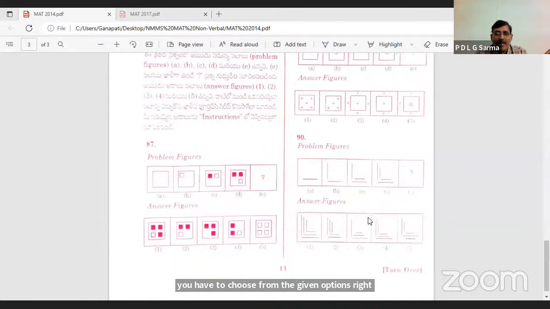Here, especially remember how the squares are moving, clockwise or anti-clockwise, through what angle, which is shaded, and how many are to be shaded. All these things you have to check. You see, first there is only a square, then you have one square. What happened in the next one? Can you say?